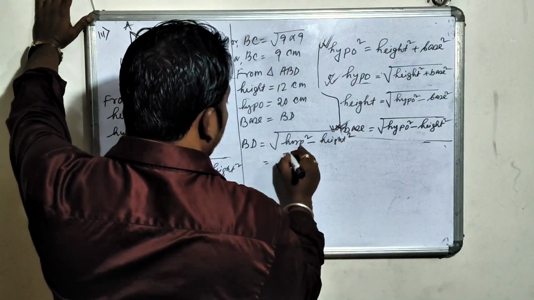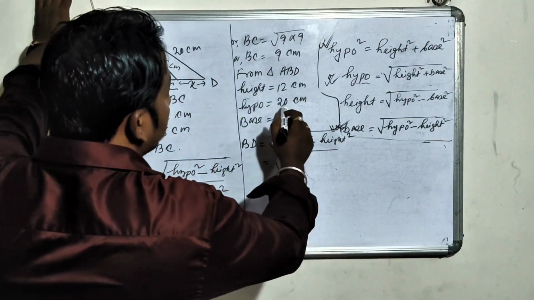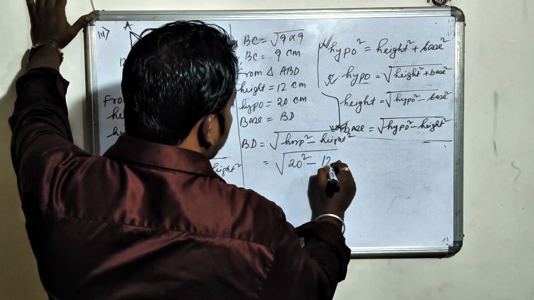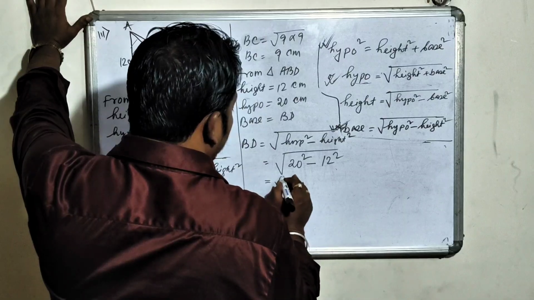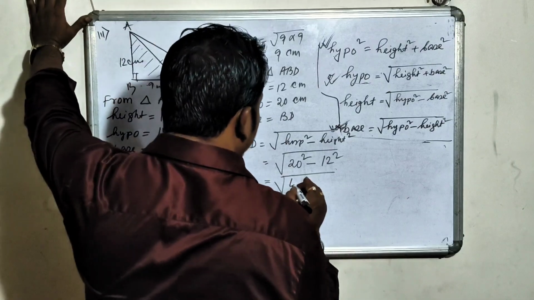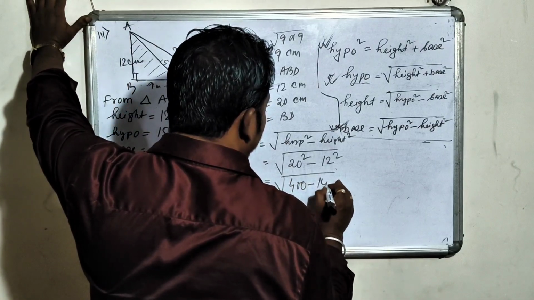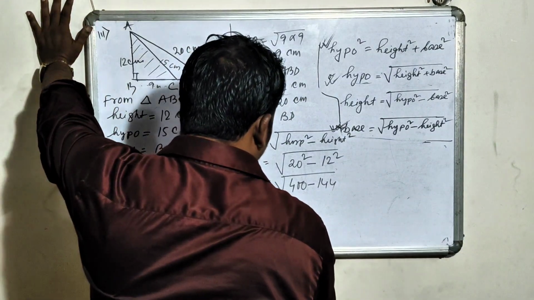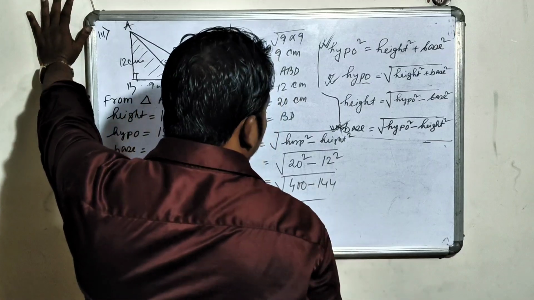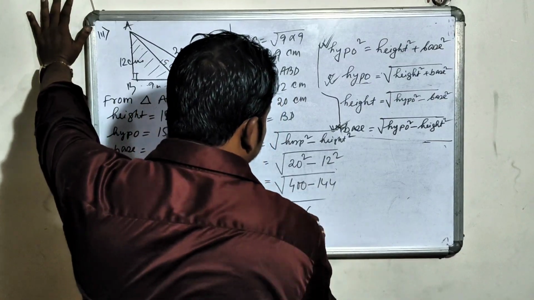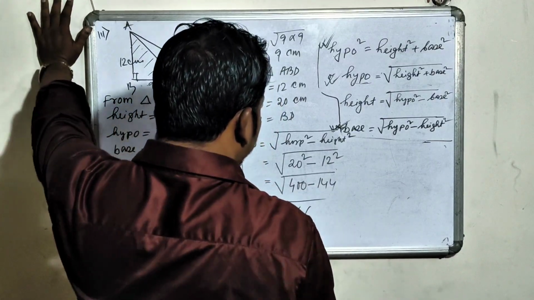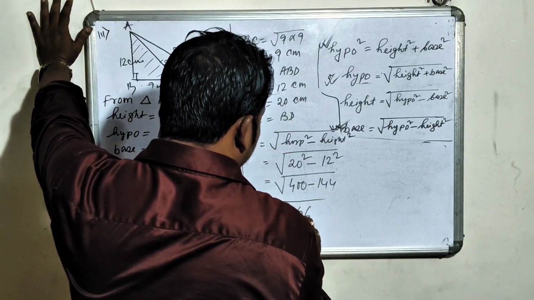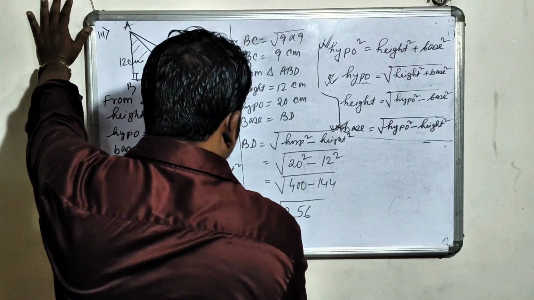is equal to, hypo value is 20 square minus 12 square. 20 square means 400 minus 144, that is 256.